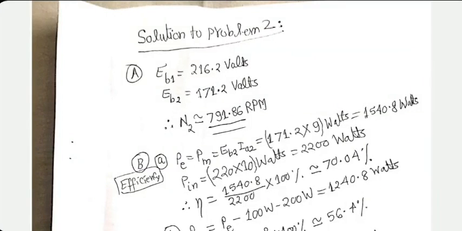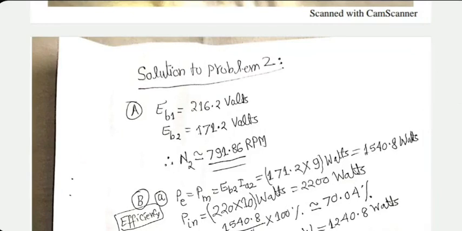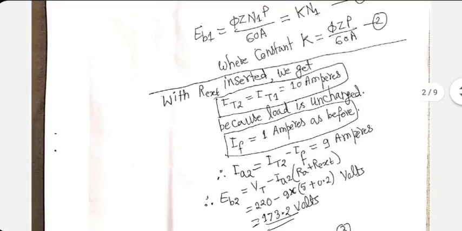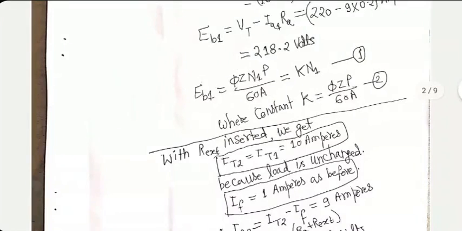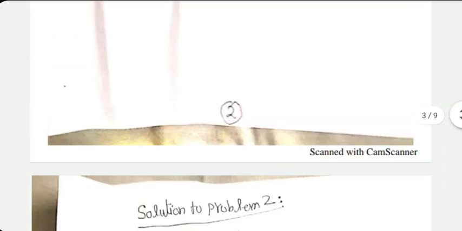And EB2 will change by 2 volts because you have to account for the brush drop. EB1 would also drop by 2 volts, although we don't need that value, but I have written it anyway. It will be 218.2 minus 2 volts.